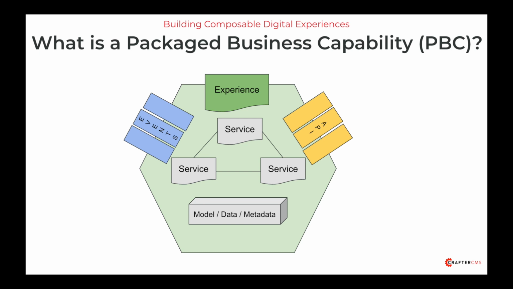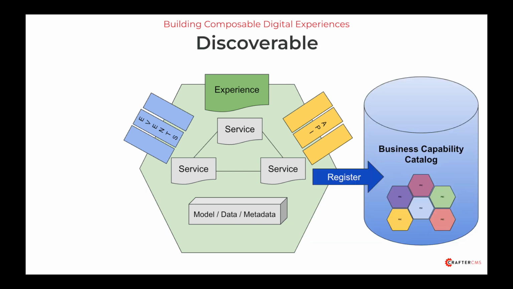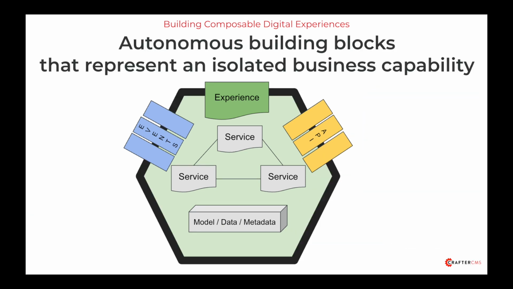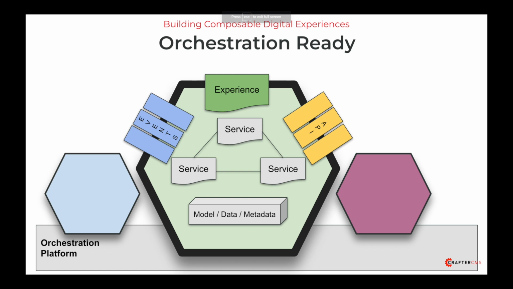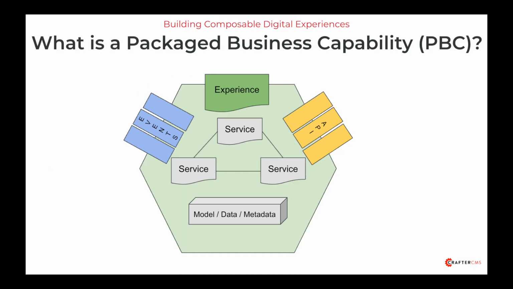In order to facilitate this, PBCs must be modular, discoverable, autonomous, and orchestration ready. Each PBC contains a data schema, a set of services or APIs, event channels, and user experiences for its specific set of business capabilities.